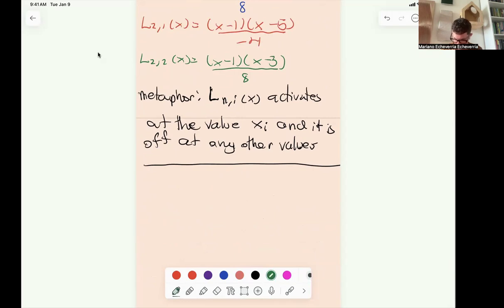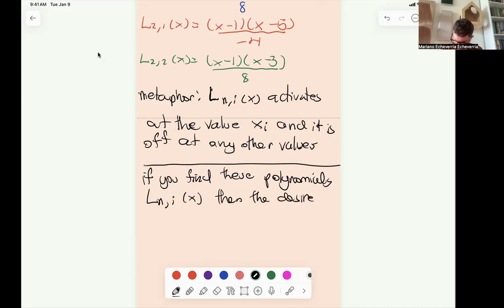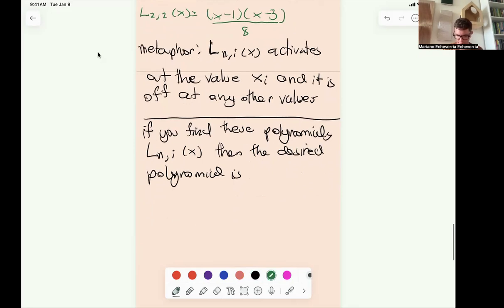If you find them, then the desired polynomial, the formula for the Lagrange interpolation polynomial, is Ln of x, the sum from i equals 0 to n of yi times Lni of x.